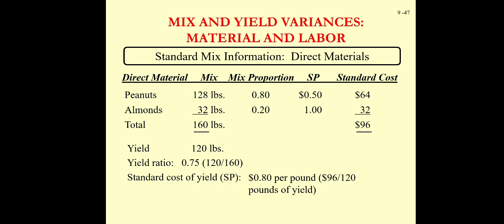The yield means that, to produce 1 unit of product, 128 LBS of peanuts are needed and 32 LBS of almonds are needed. The total is 160 LBS. But when the process is done, the output from the process is 120 LBS of product. So the yield ratio is 75%.